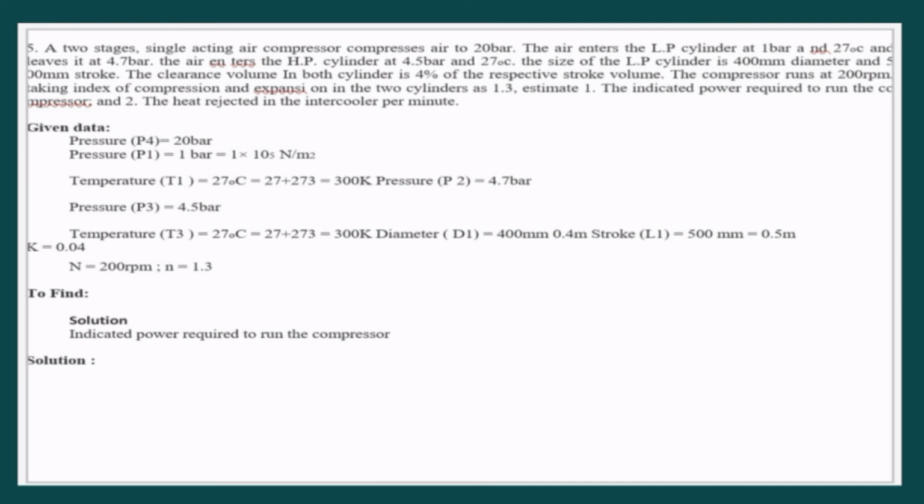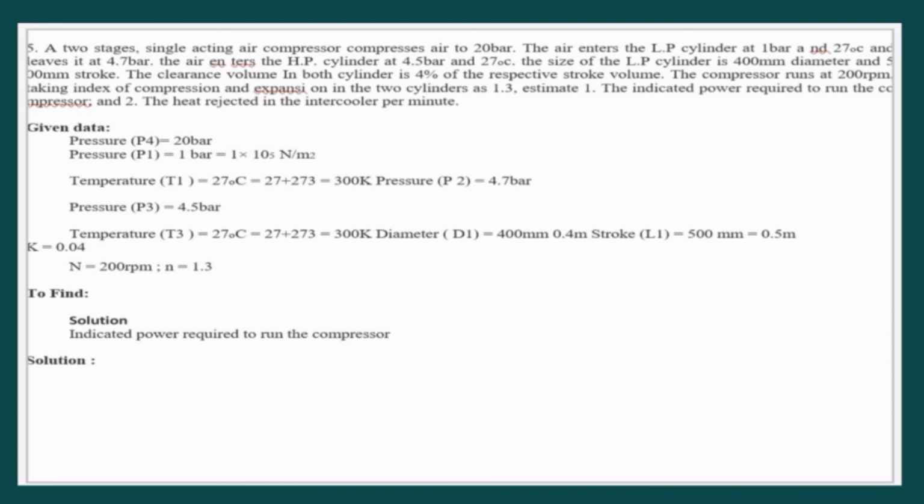For pressure P2, 4.7 bar. Pressure P3 is equal to 4.5 bar. Temperature T3 is equal to 27 degrees Celsius. Converting to Kelvin, 27 plus 273 is equal to 300 Kelvin.